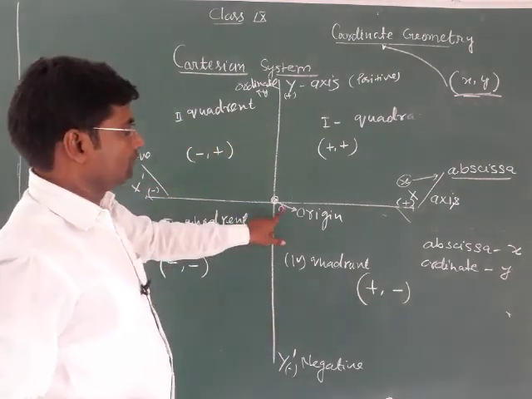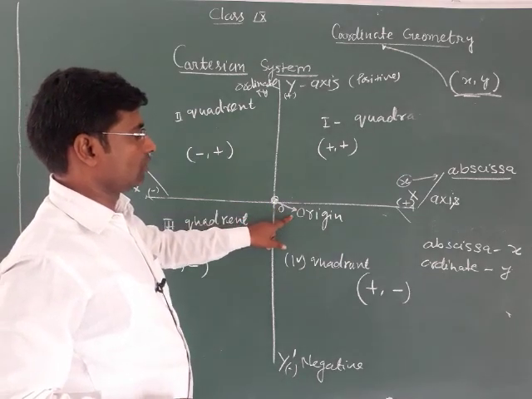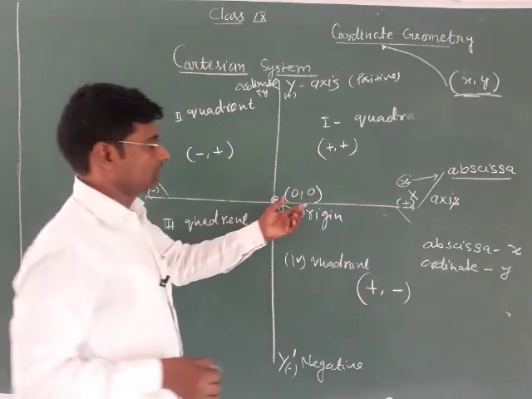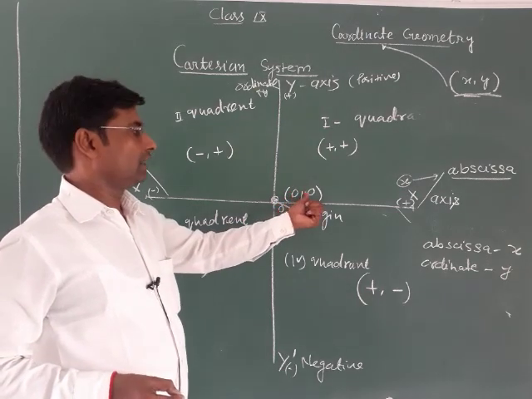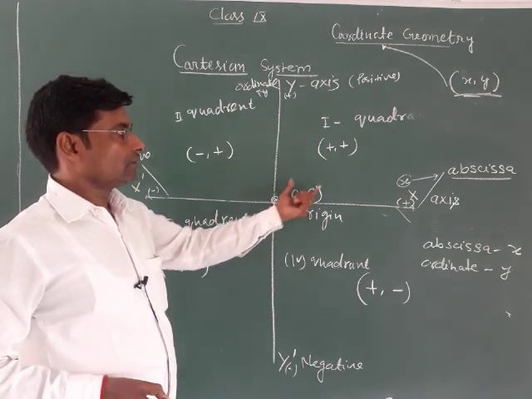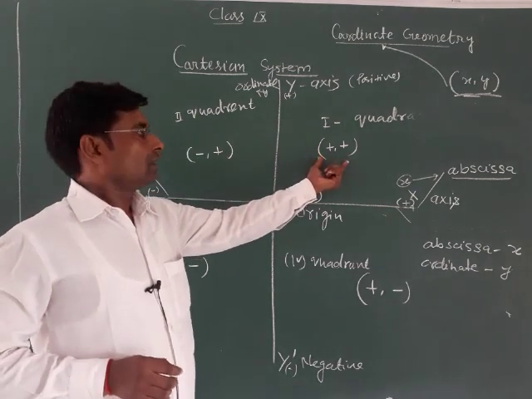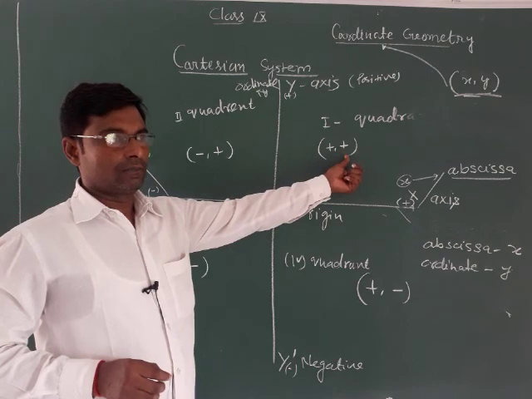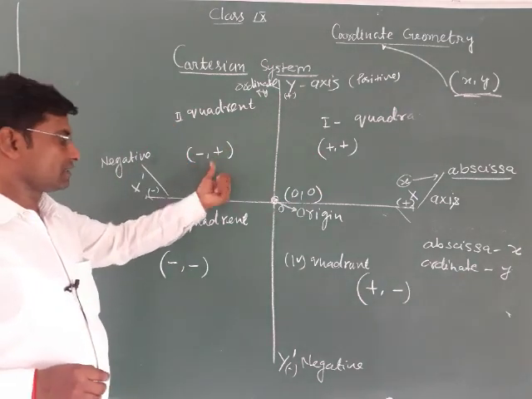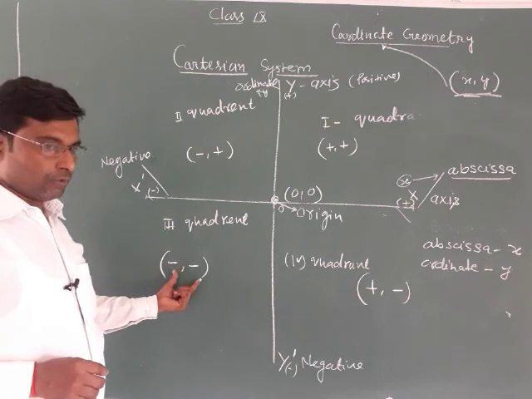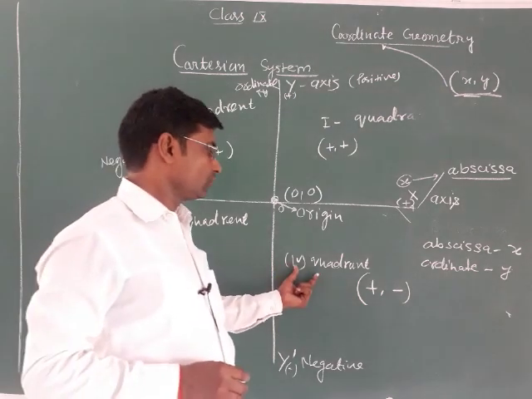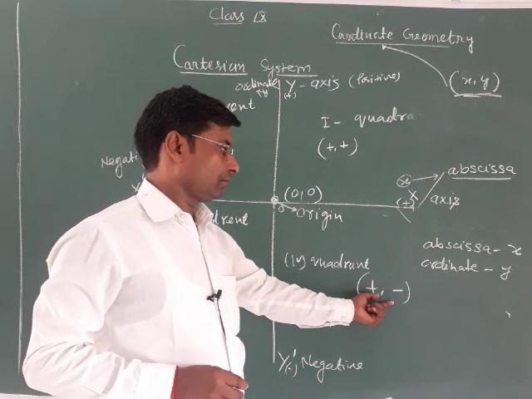This is the origin, denoted by O. The coordinate of the origin is (0, 0): abscissa 0 and ordinate also 0.